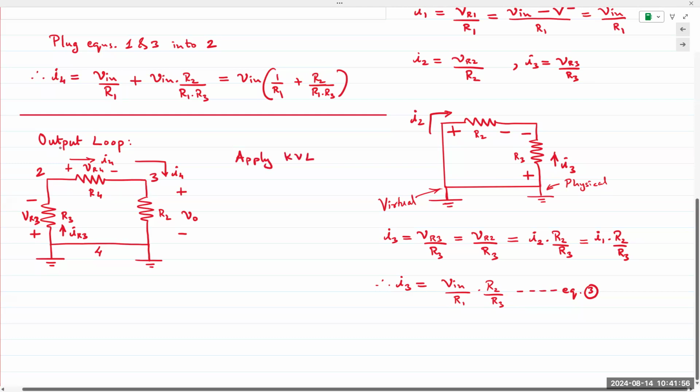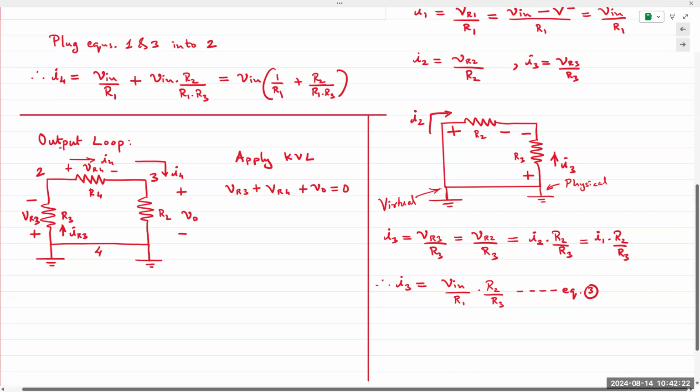It's a closed loop. We can apply KVL and we can directly obtain an equation for V out. So I will get VR3 plus VR4 plus V out is equal to 0.